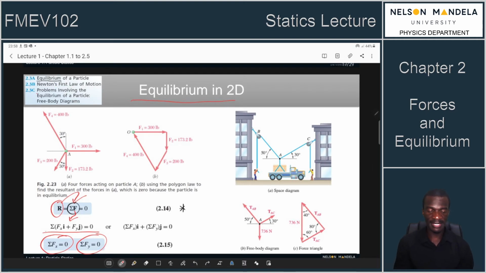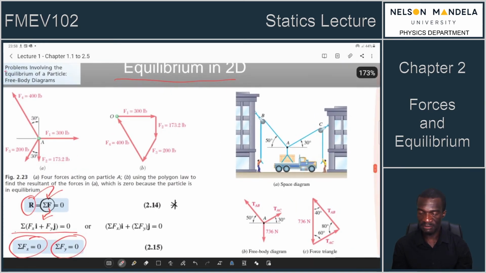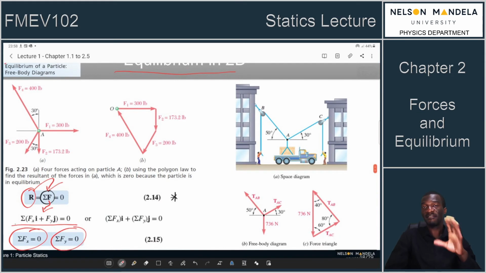Principle number 3, the problem solving using free body diagrams. So we've already covered this a little bit earlier. You are given diagrams that are pictorial, because as engineers you need to see what's happening and you need to see the objects and the regular shapes, so that you can tell what we are dealing with here.